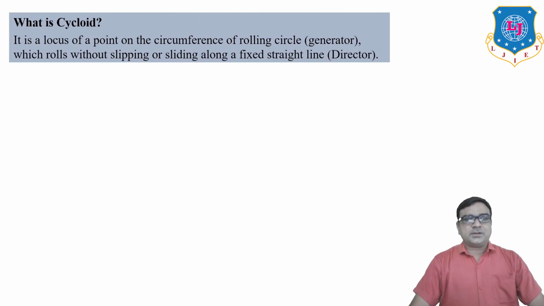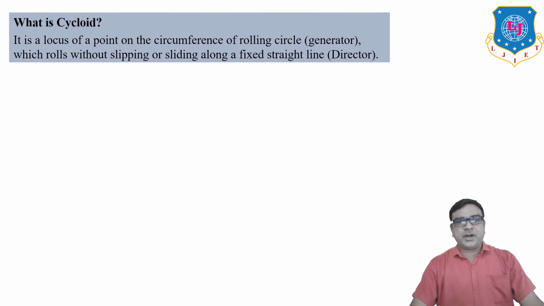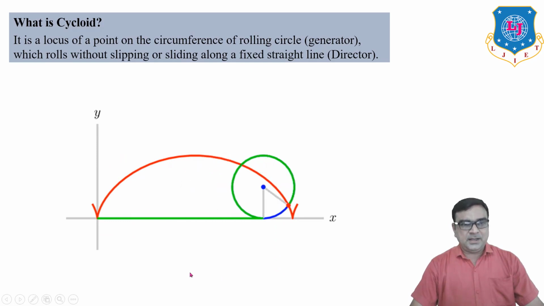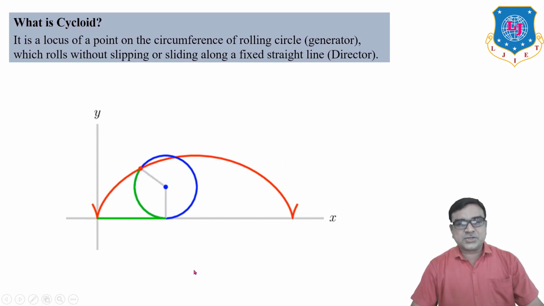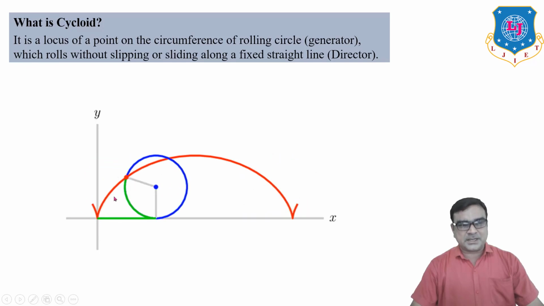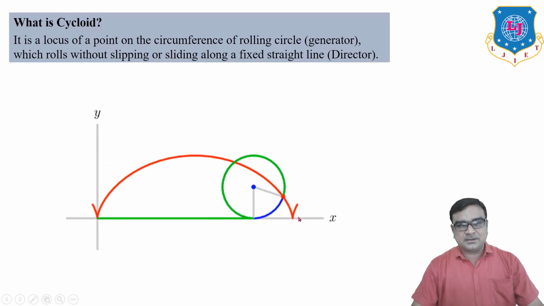Now, what is cycloid? It is a locus of a point on the circumference of the rolling circle, which is known as generator, which rolls without slipping or sliding along a fixed straight line. It is called director. So if you take a circle and roll it on a straight path, the point on the circumference of the circle traces the curve.